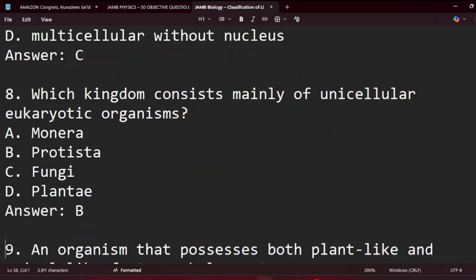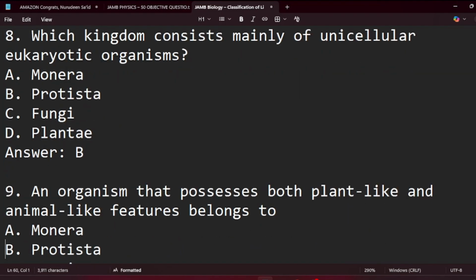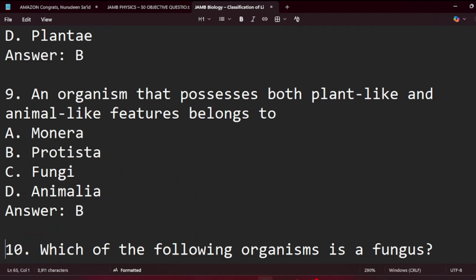Question number 8. Which kingdom consists mainly of unicellular eukaryotic organisms? A, Monera, B, Protista, C, fungi, D, plantae. The answer is B, which is Protista. Question number 9. An organism that possesses both plant-like and animal-like features belongs to A, Monera, B, Protista, C, fungi, D, animalia.